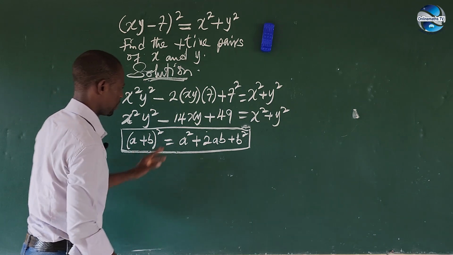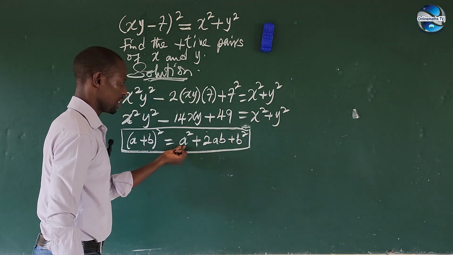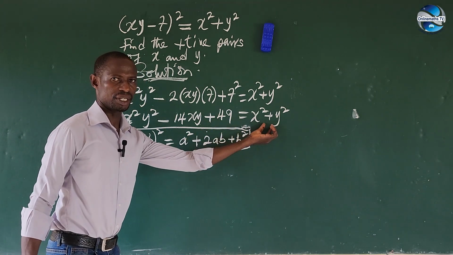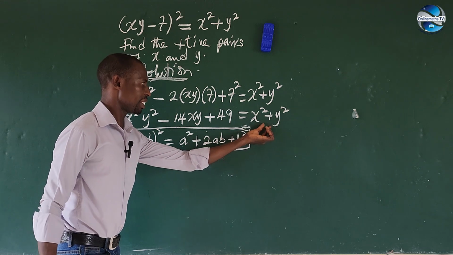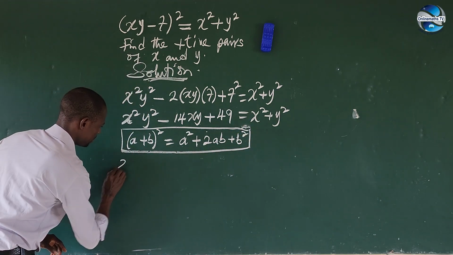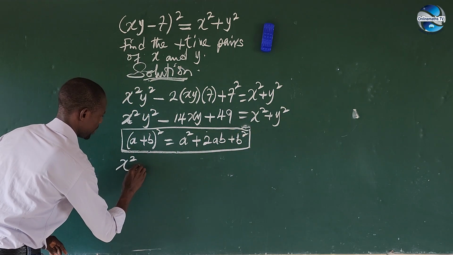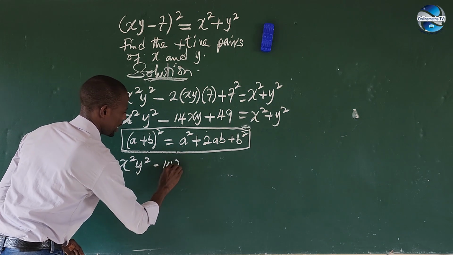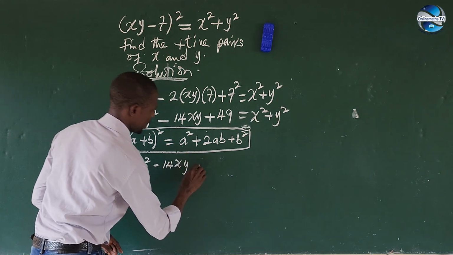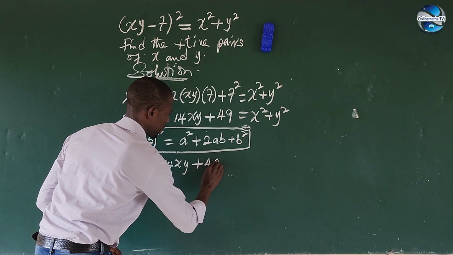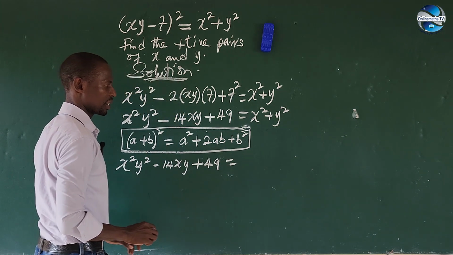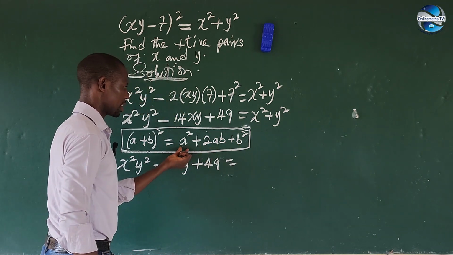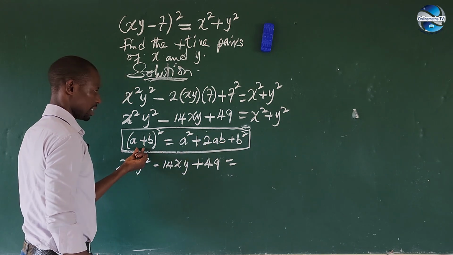With this, we can bring x² and y² together, and send the rest to the other side.